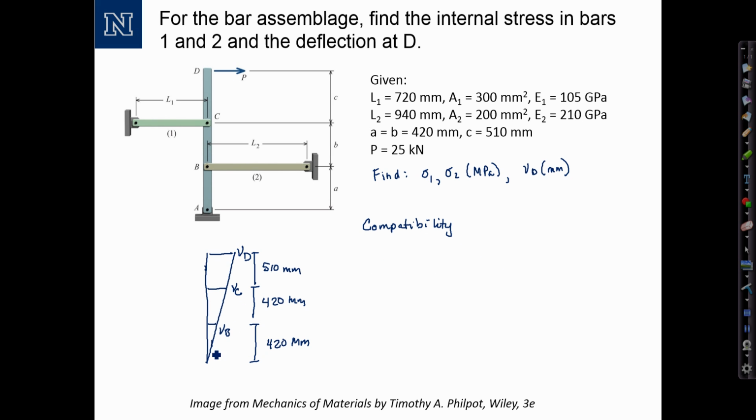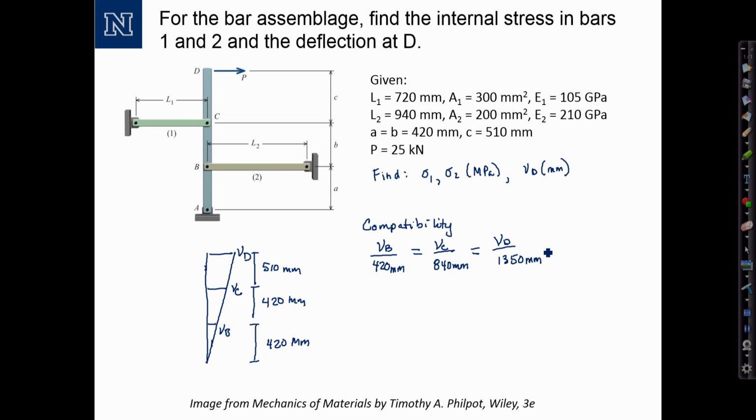First triangle is this small one here. So I'll say V sub B over 420 mm equals the second triangle, V sub C over A plus B, 840 mm, also equals the largest triangle, V sub D over that total height of the bar at 1350 millimeters.